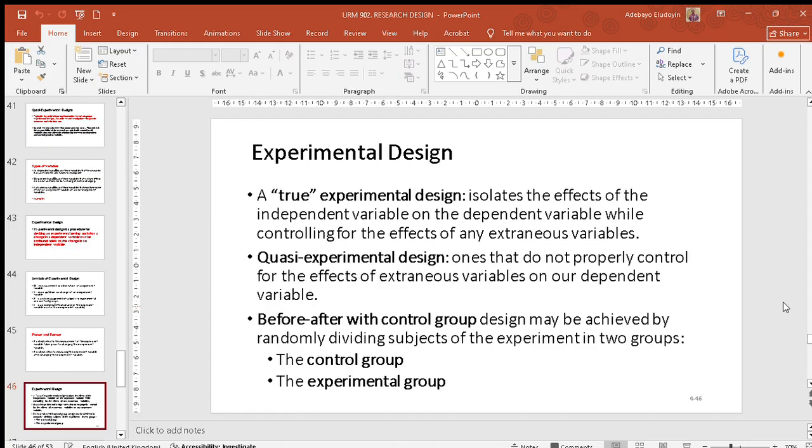This means that it is not every experiment that you're going to have pre and post test for, and it is not every experiment that you should have control group for. But again, it's always very good if you can have a control group for your experiment. Depends on what your experiment is.